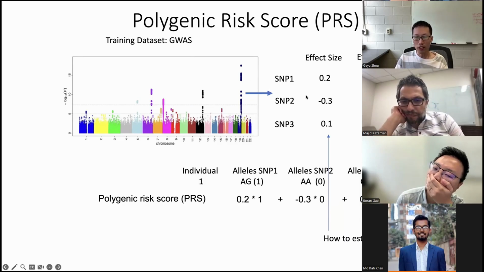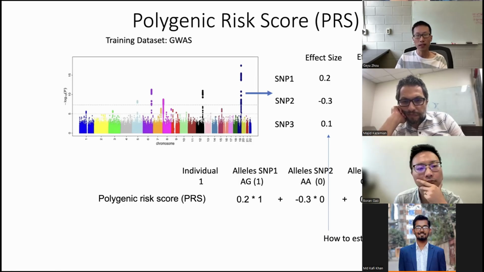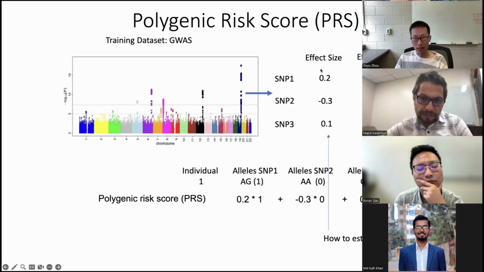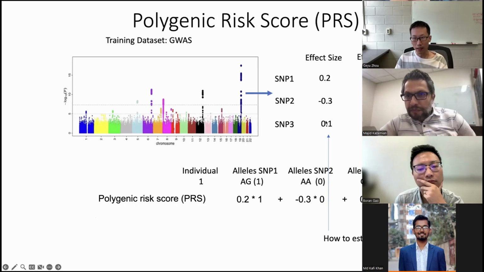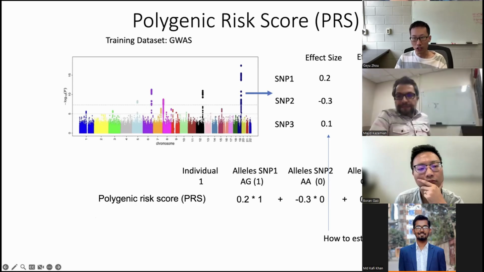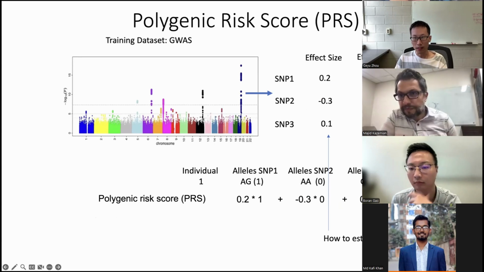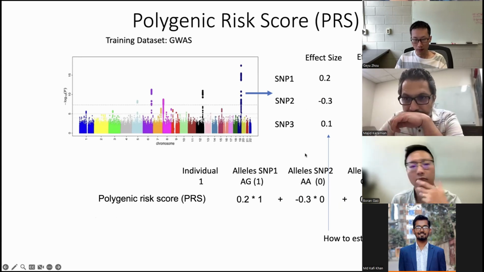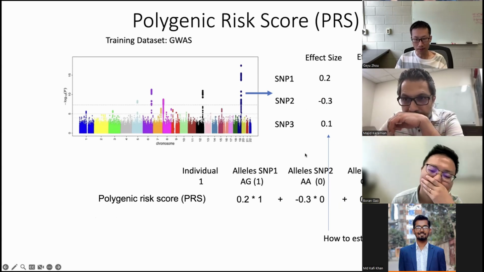A central question to ask is how accurate are those prediction models? The prediction highly depends on the accuracy of the estimation of the effect size, as the genotype read is fairly accurate with our current technology.